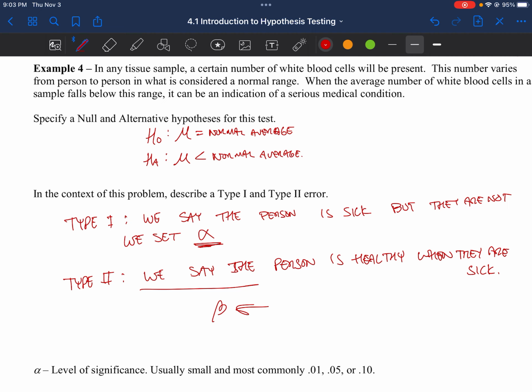And so in this case, again, I was right when we first read the problem and then I confused myself. The type 1 problem, we want the null hypothesis to be the thing that we hope.